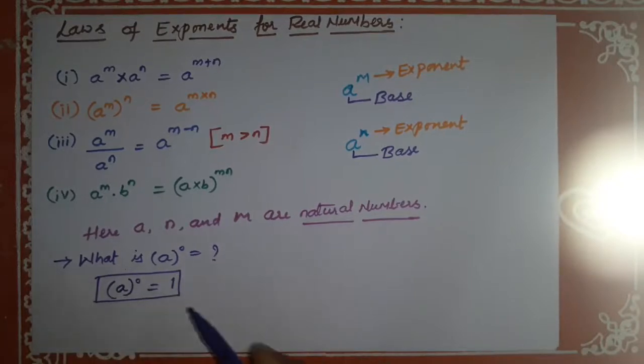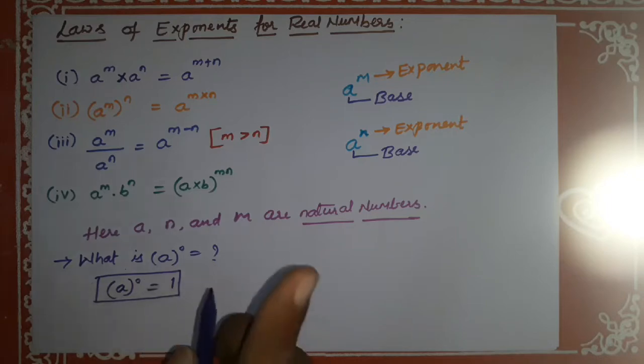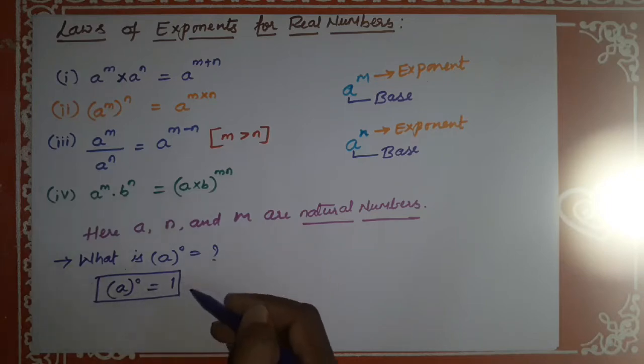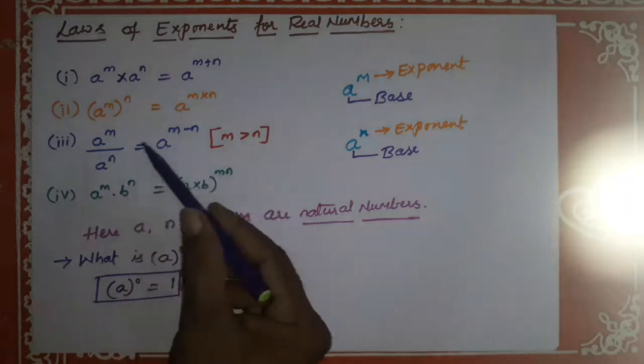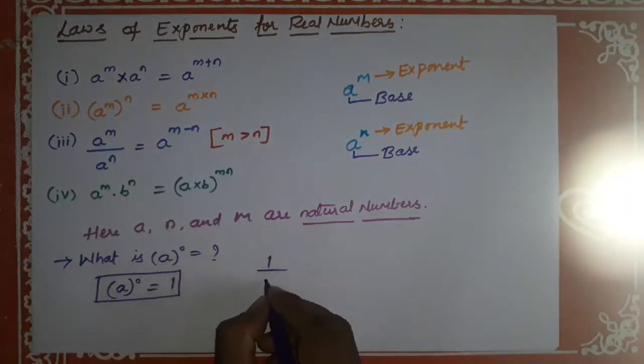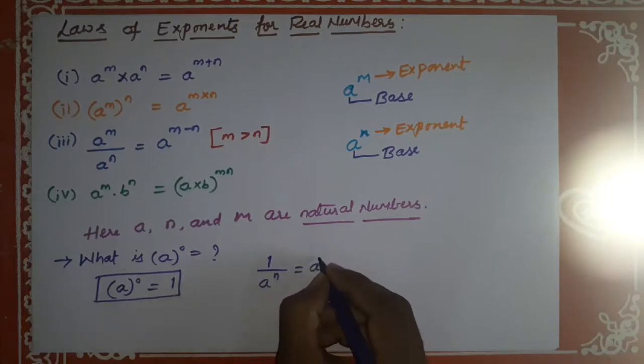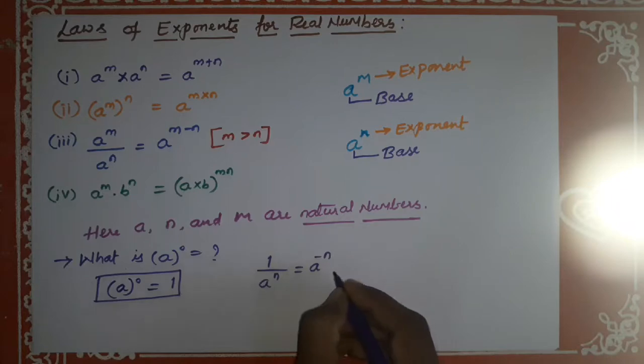Any number raised to the power of 0 has the value 1. So using the third law of exponent, we can write 1 by a to the power of n as a to the power of minus n.